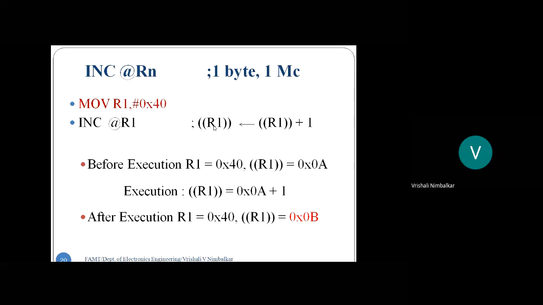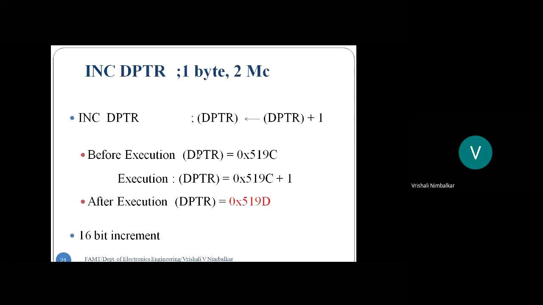Whereas we don't have a 16-bit decrement. Then how do you do that? How do you decrement the DPTR? I'll take the lower 8 bits, clear the carry flag, and subtract. Now I might get a borrow.